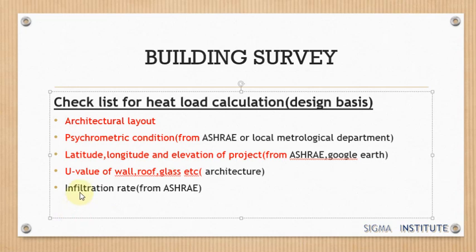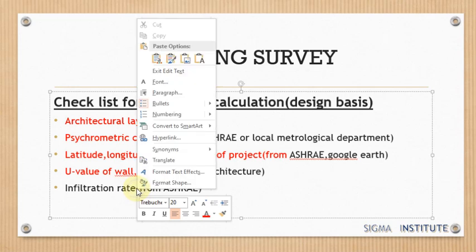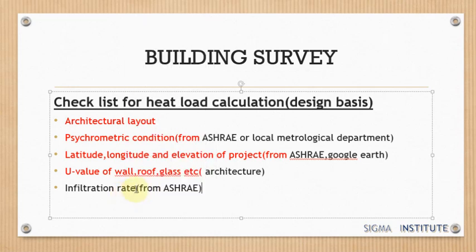This infiltration rate we can find out by two methods, either by the ACH, air change per hour method, or by the crack method. We will see the calculation at the time of load calculation.